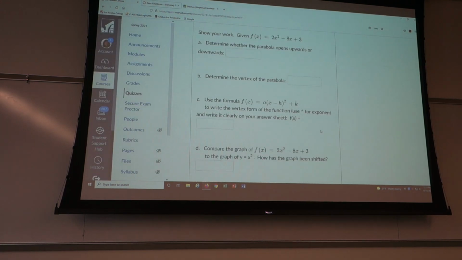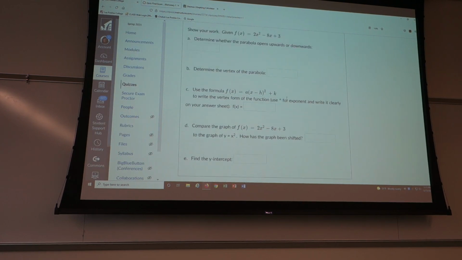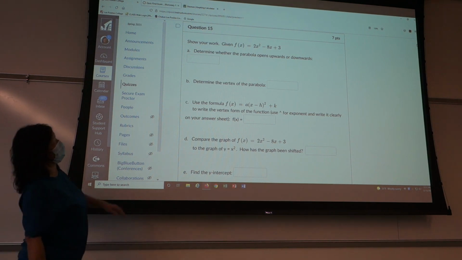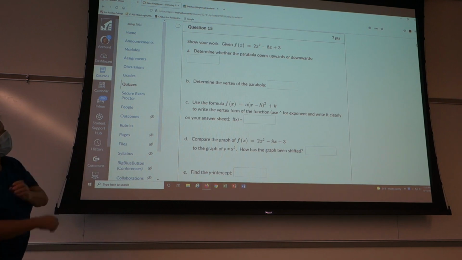This one here. Given f of x is equal to 2x squared minus 8x plus 3, does the parabola open upwards or downwards?